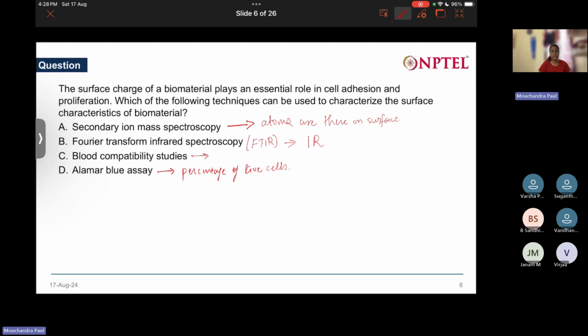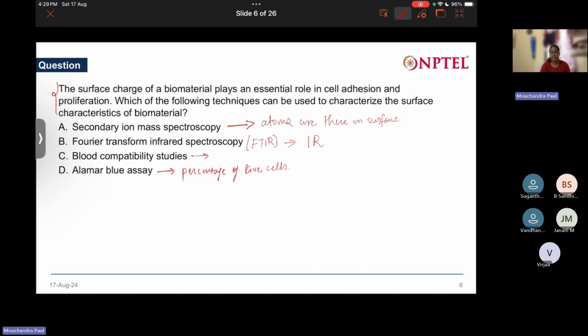Now individually I have explained. I request everyone to read this question again. Okay, what is written in three lines, and give me an answer to this question. The surface charge of a biomaterial plays an essential role in cell adhesion and proliferation.